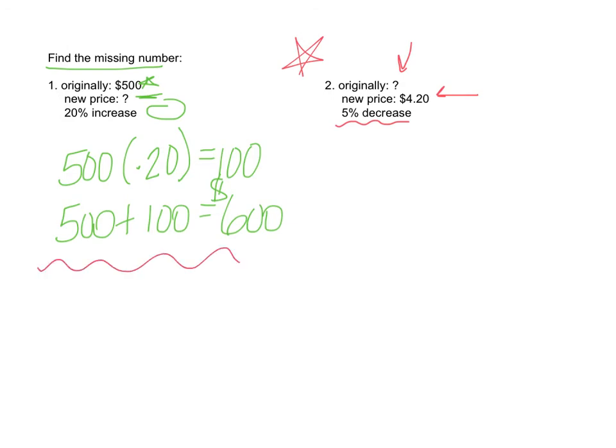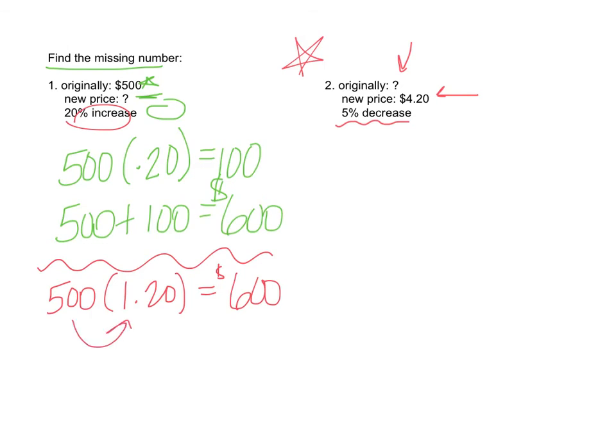If you go back and look at this first one, if you had done 500 times 1.20, go ahead and do that in your calculator and see what you get. You should have gotten 600. This only works for increase. So when you're increasing, like when you go to the store and you add a tip, you can multiply by 1 point and then whatever tip you want to add to give you your new price.